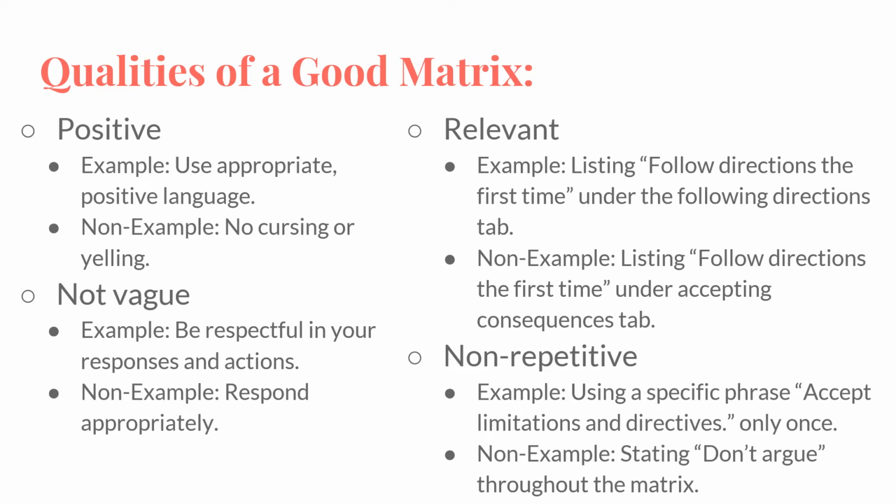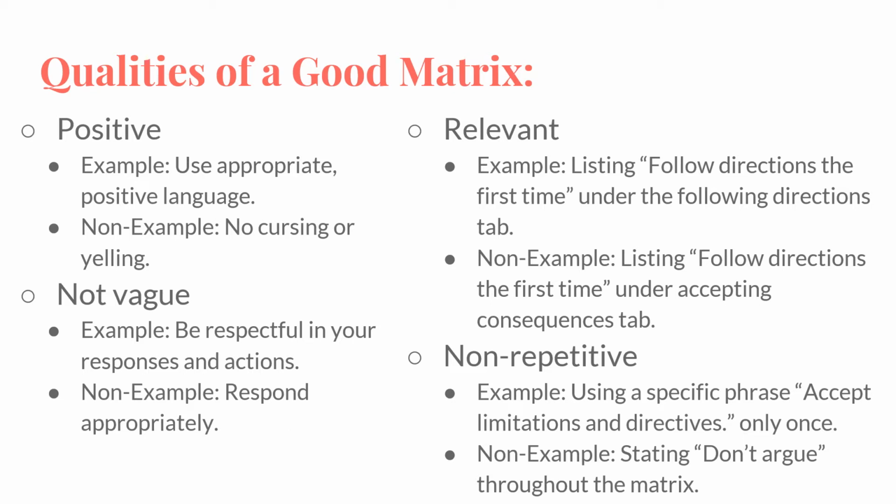When I say not vague, a good example would be respectful in your responses and actions. A non-example would be respond appropriately. Being appropriate is vague. It doesn't tell you how you respond in a certain situation. It doesn't tell you where the situation takes place. Appropriate is different for different people. So let's try to use a little bit clearer language.